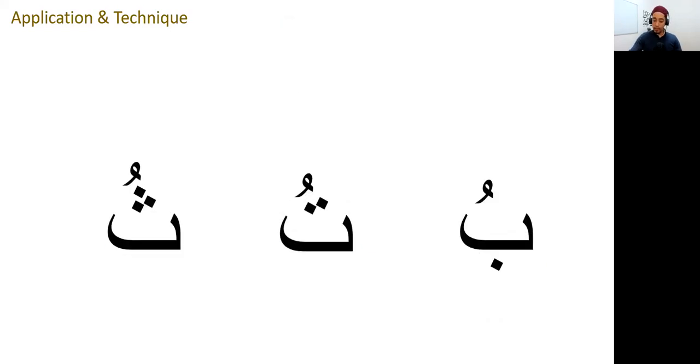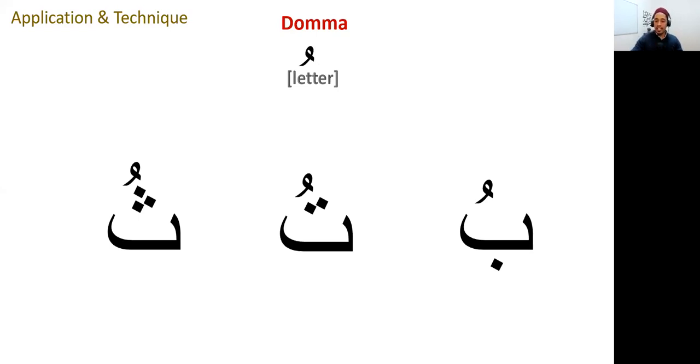Okay. So the ribbon on top is called a dhamma, right? And this dhamma is going to be no different to its other two buddies that we spoke about earlier. It's added to the letter ba, right? It is not the letter ba. It's added to the letter ba. And why is it important?